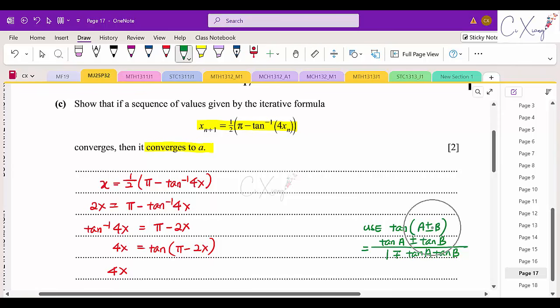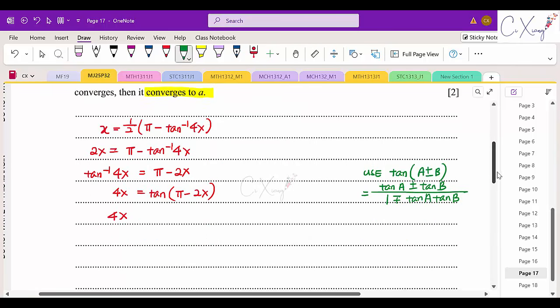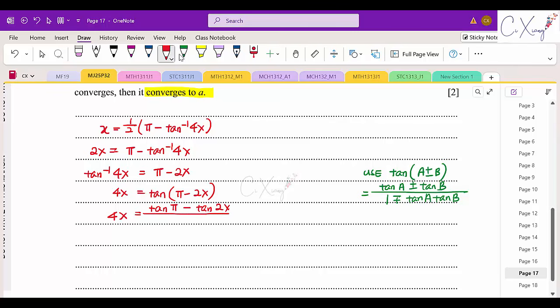So tangent of pi minus 2x: your A will be the pi, B will be the 2x, okay? Alright, so let us substitute and expand it. I will be having tangent pi minus tangent 2x, divided by 1 plus tangent pi times tangent 2x.